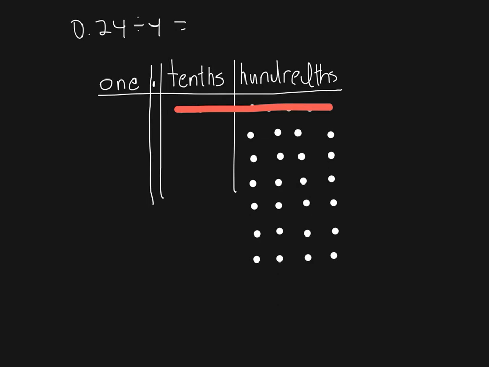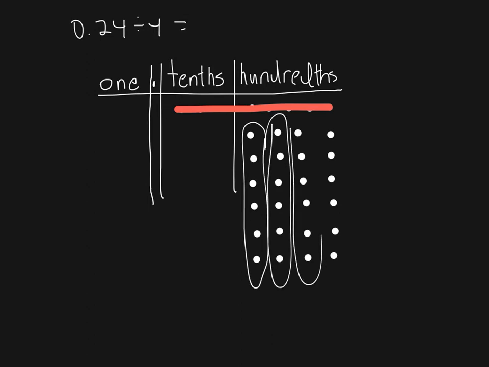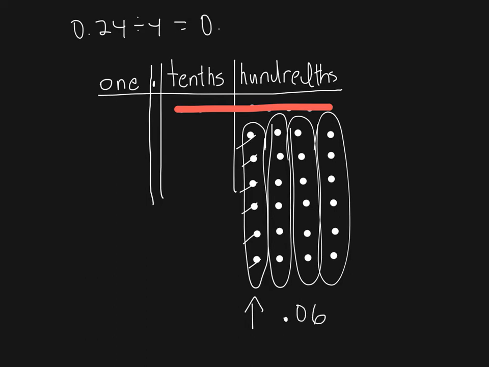And then I'm going to see, there's my 4 groups, 1, 2, 3, 4. And the last thing I have to do is count the number in each group. And I see I have 1, 2, 3, 4, 5, 6. And those 6 are in the hundredths place. So 6 hundredths will be my answer.